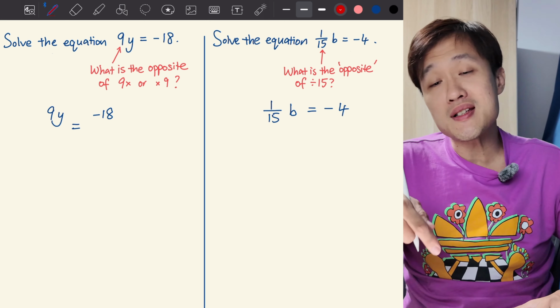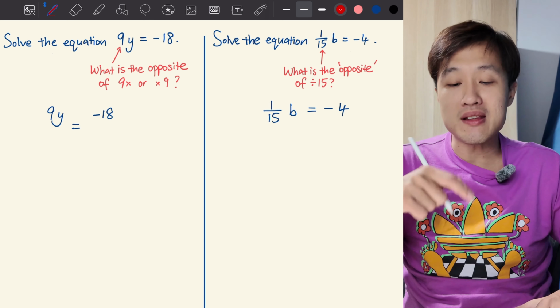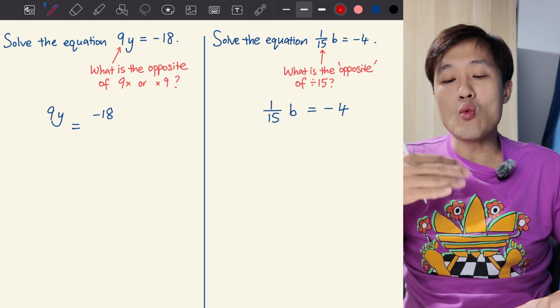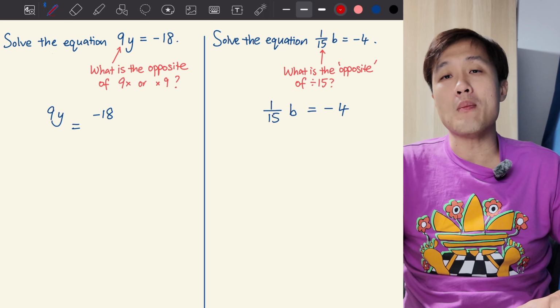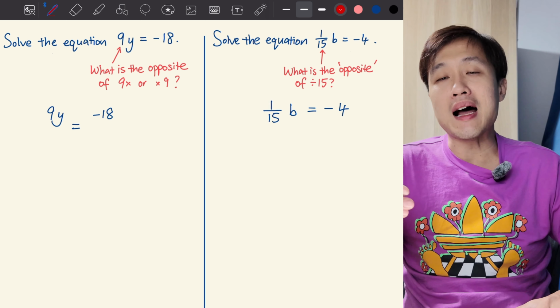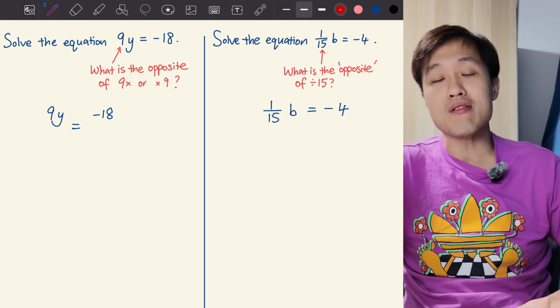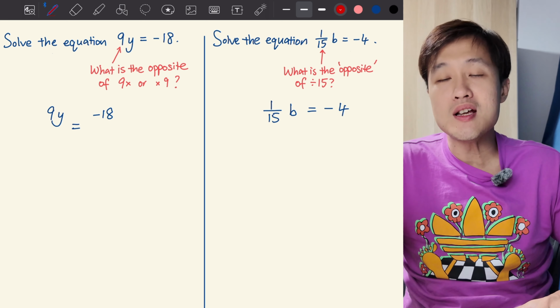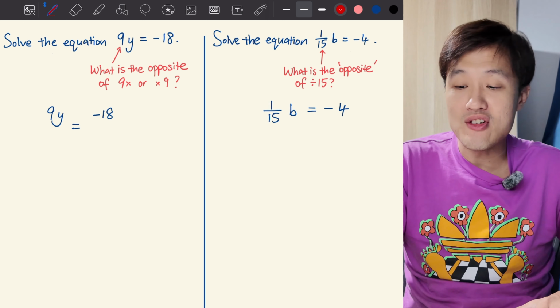So for the first case, we see on the left hand side here 9y equals negative 18. So we consider what is the opposite of 9 times y, right? The opposite of multiplication is division.